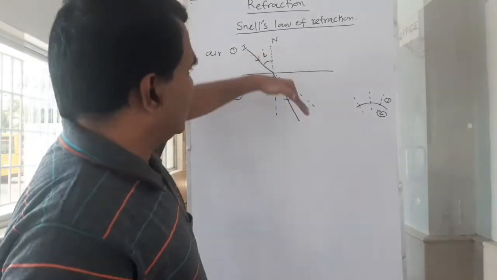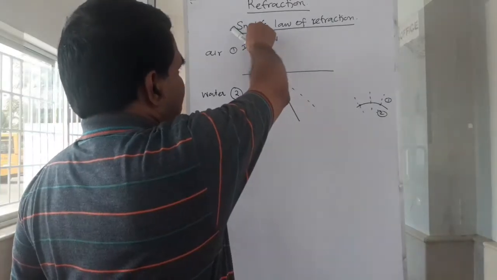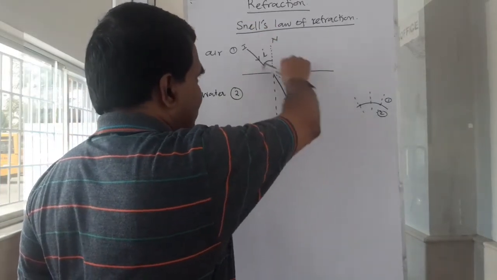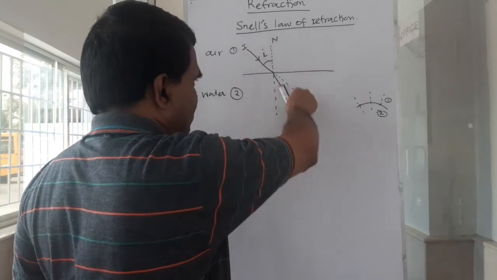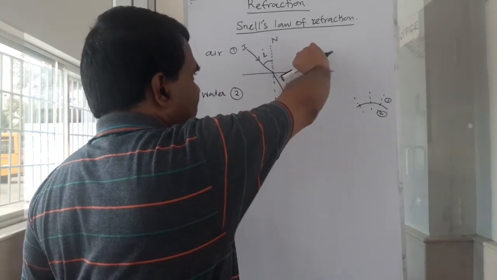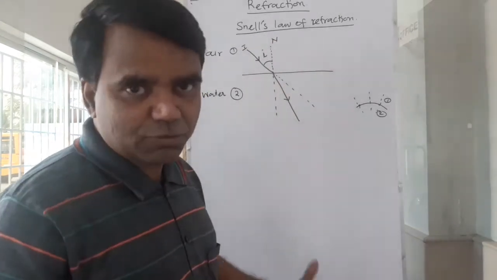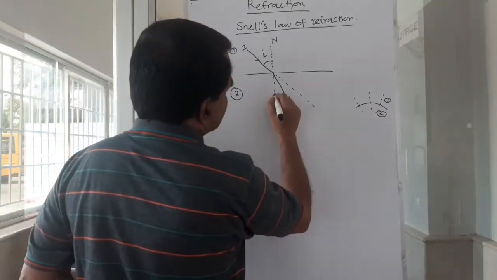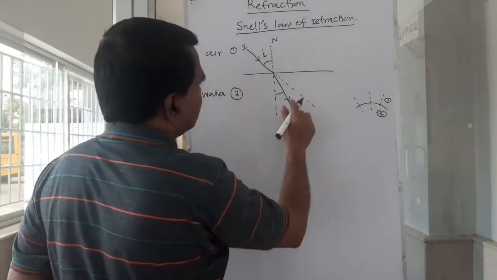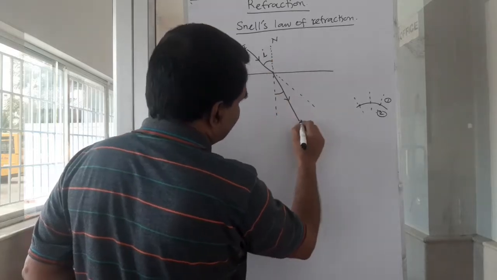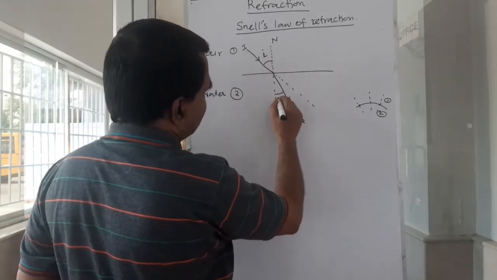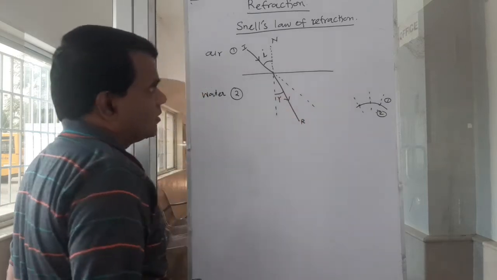But what happens is when it hits at an angle, then instead of traveling straight into the other medium, it bends towards the normal or can bend away from the normal. Can do both. Okay. So now the angle between the refracted ray, I will call this capital R, the refracted ray, and the normal is called the angle of refraction.